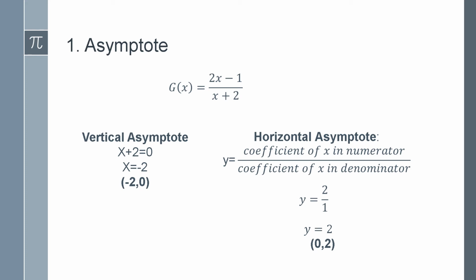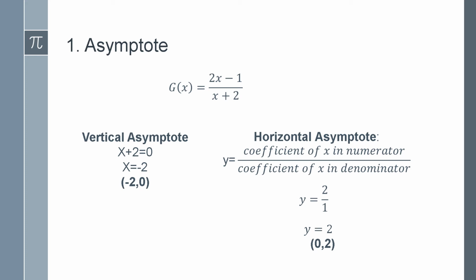And then, for horizontal asymptote, we will divide the coefficient of x in the numerator by the coefficient of x in the denominator. Ano yung coefficient ng x sa numerator natin ng rational expression? 2x - 1. Ano yung coefficient ng x doon? 2.